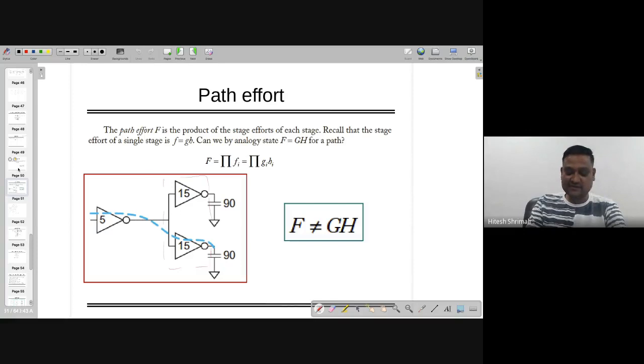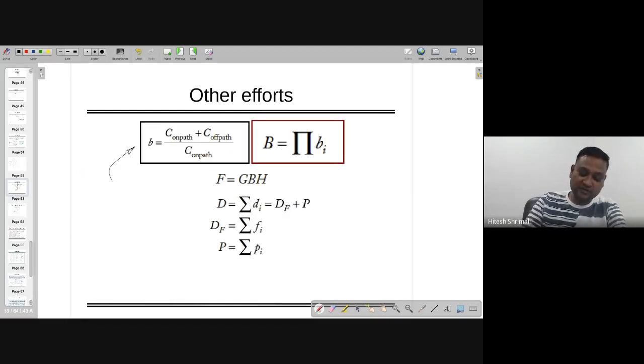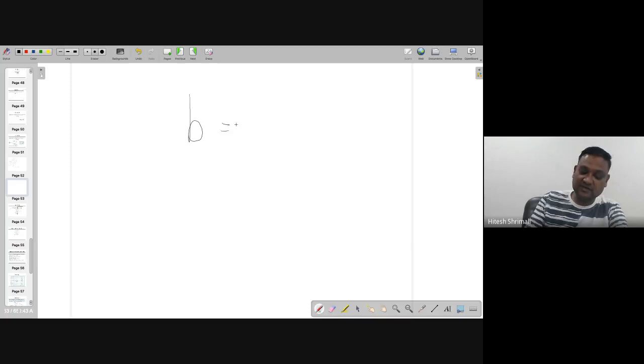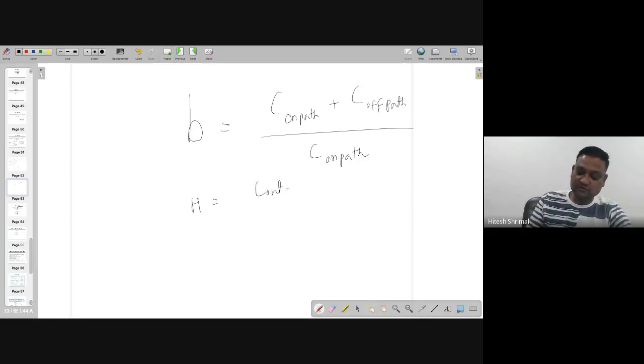What exactly this Sutherland approach says is that if you have such kind of branching, you have to have one more extra term which is known as B. B is nothing but C on path plus C off path divided by C on path, and H is going to be given by C out of path divided by C in of path.